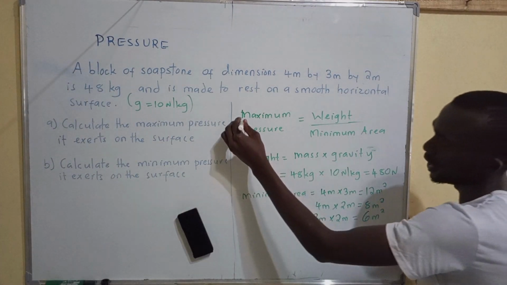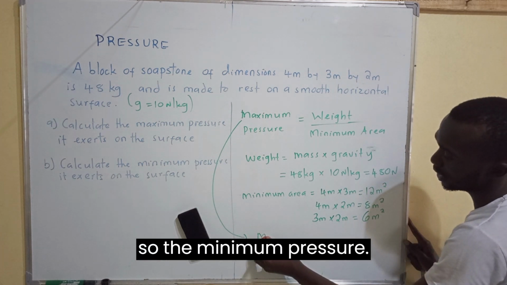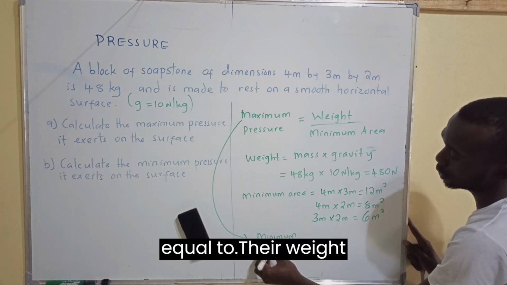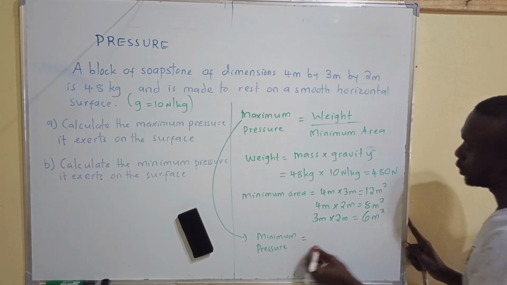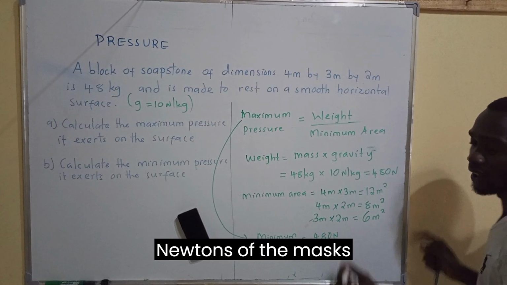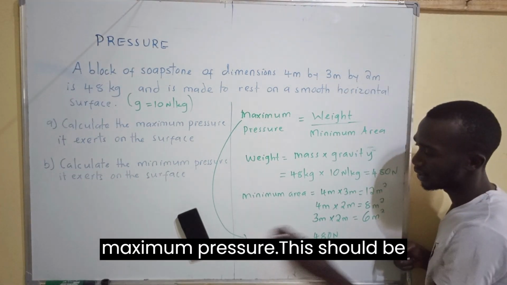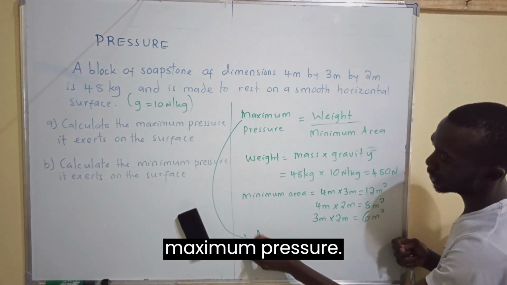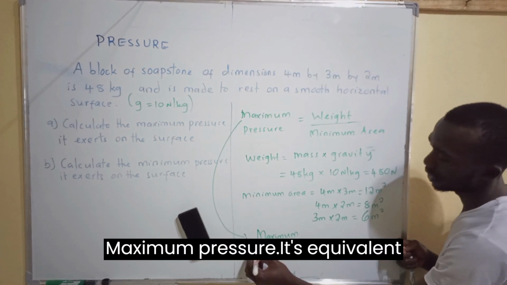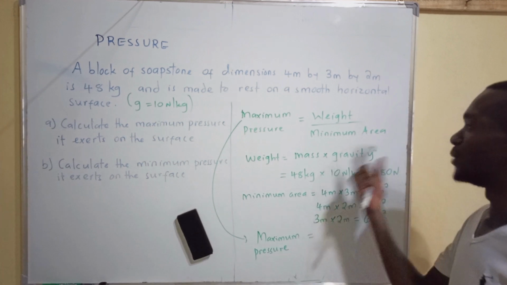So from the formula, maximum pressure is equal to the weight over the minimum area.